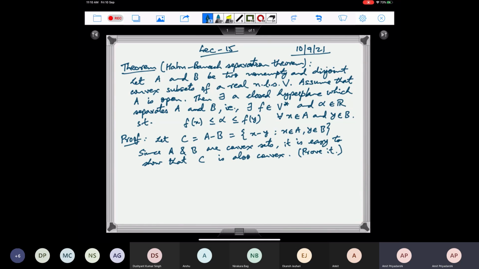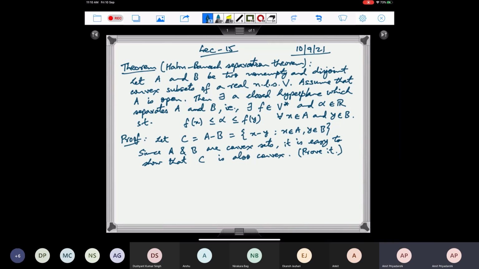So if you take any two points, say x1 minus y1 and x2 minus y2 belonging to C, and then take any t between 0 and 1, you have to show that t times (x1 minus y1) plus (1 minus t) times (x2 minus y2) is also in C. That is the same thing as t times x1 plus (1 minus t) times x2, which is in A because A is convex, minus t times y1 plus (1 minus t) times y2.